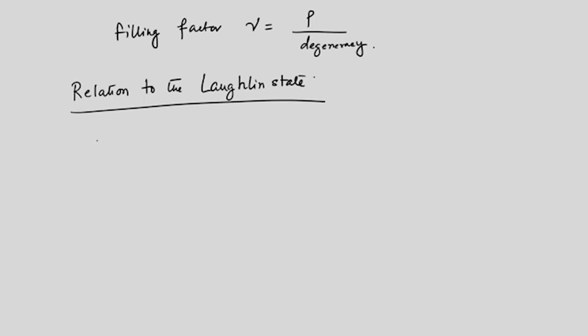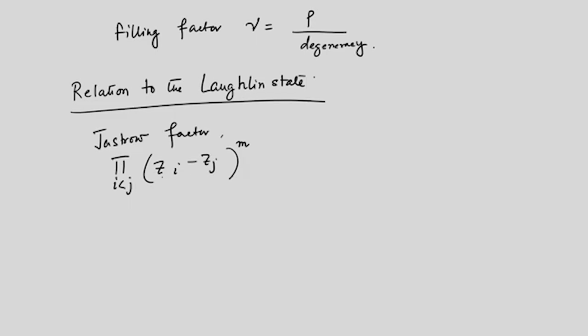So, remember the Jastrow factor. It says that there is a Zi minus Zj; I might have written Zj and Zk, these are just indices which you can take according to your convenience. So, there is this power m, and then of course, it is multiplied by the Gaussian. Let us look at the Jastrow factor only.